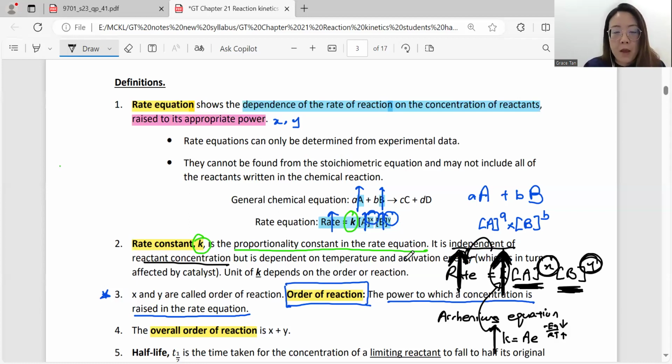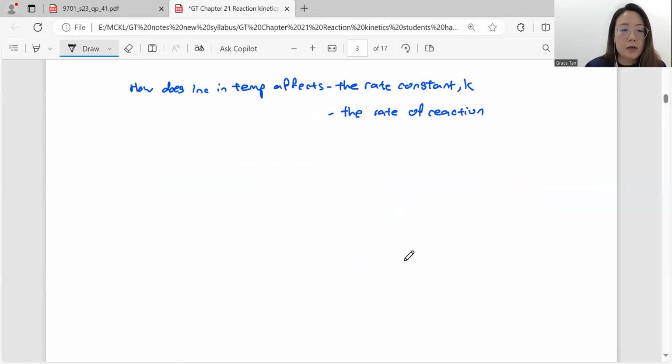Second, indirectly, I also addressed how an increase in temperature affects, number one, your rate constant, and number two, the rate of reaction. This one you have to know in your syllabus. When you have an increase in temperature, your rate constant will increase (in brackets, via the Arrhenius equation; in brackets means you don't need to know this equation).